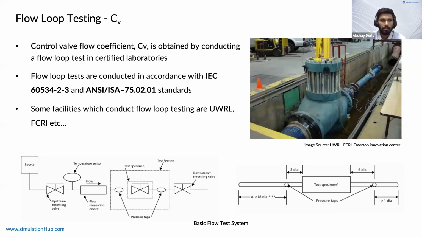Flow loop testing is used to determine the flow coefficient, and the flow loop tests are conducted in accordance with standards such as IEC and NCVs standards. In India, FCRI does the flow loop testing, which is very popular, and in the US, it's the Utah Water Research Laboratories. So one way to determine the required coefficients would be flow loop testing.